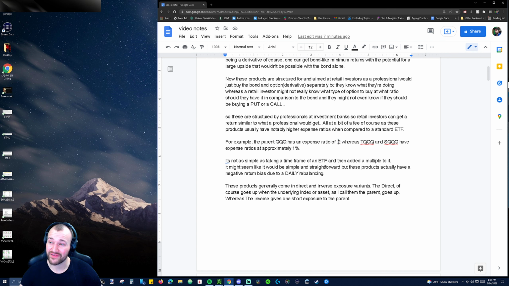But most of these leveraged ETFs have an expense ratio over 1%. So you're talking quite a bit more on a percentage basis. You're talking like at least 33% more, if not like 300-400% more.